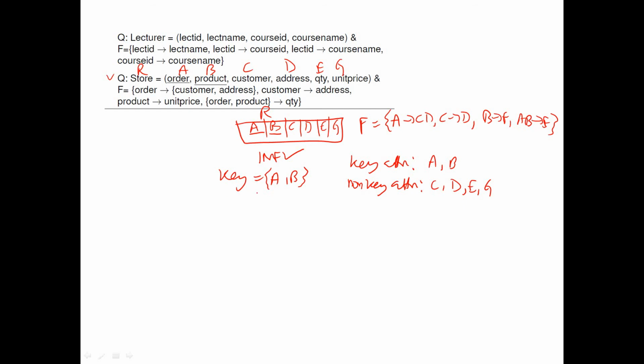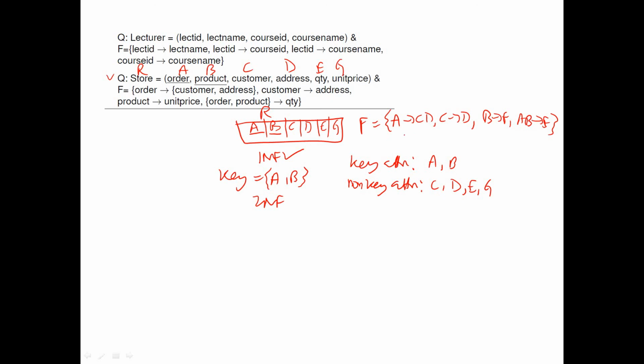As per the 2NF, no non-key attribute should depend upon the key partially. That means C and D as well as E and G should not depend only on the A or only on the B.